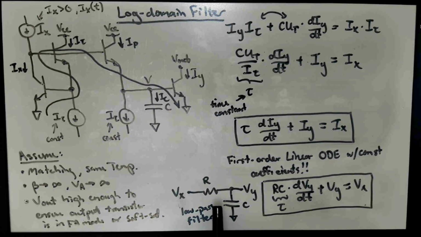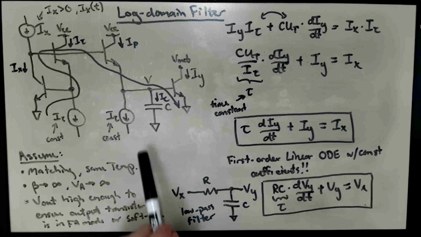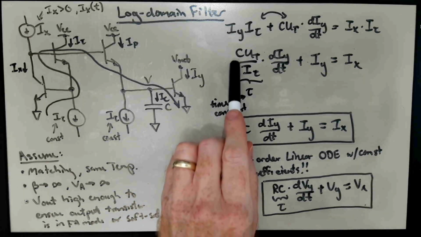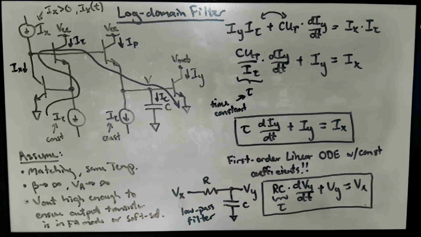The other thing to note is that once I pick an R and I pick a C, the time constant of this filter is fixed. Whereas over here, what sets the time constant of this filter? Well, this is set by the capacitance times the thermal voltage divided by this current I tau.